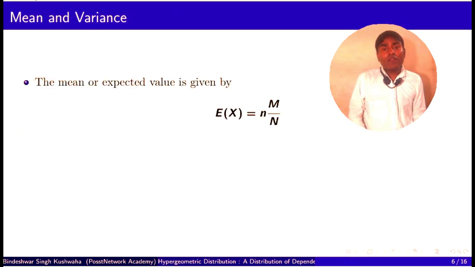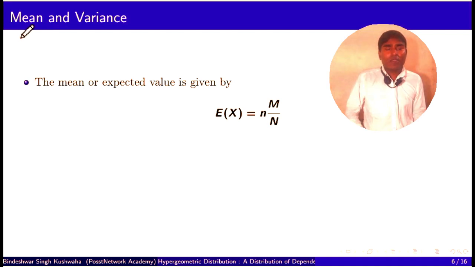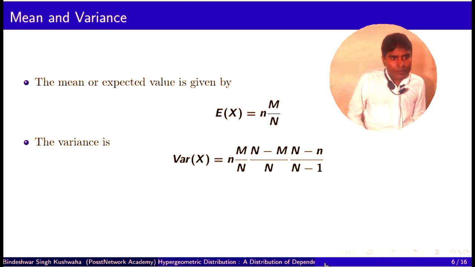And what is the mean? In previous videos I have explained the expected value of x. You multiply x by the probability mass function and sum over, and you will get the result. The same way you can get it here, and I am leaving it to you to do. Variance you can also calculate.